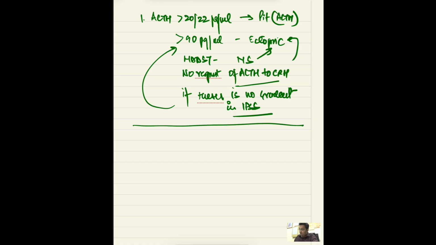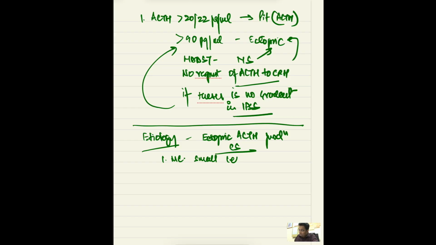Now what are the etiologies that will lead to ectopic ACTH producing Cushing's syndrome? The first one, the most common, is small cell carcinoma of the lung. The second is non-small cell carcinoma of the lung.